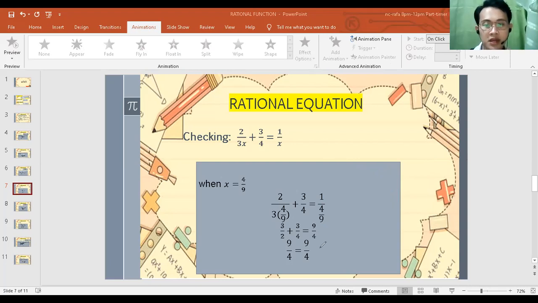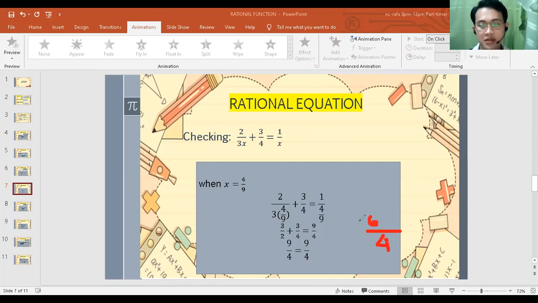3 over 2 plus 3 over 4. How did we get 9 over 4? By the rule of adding fractions, we get first the least common denominator. As you can see there, for 2 and 4, the least common denominator is 4. 4 divided by 2 is 2, times 3 is 6.